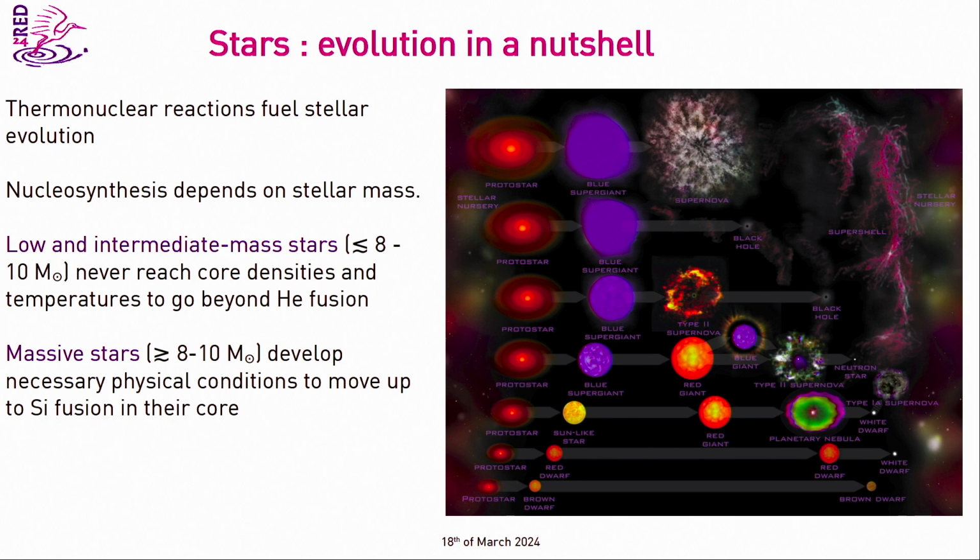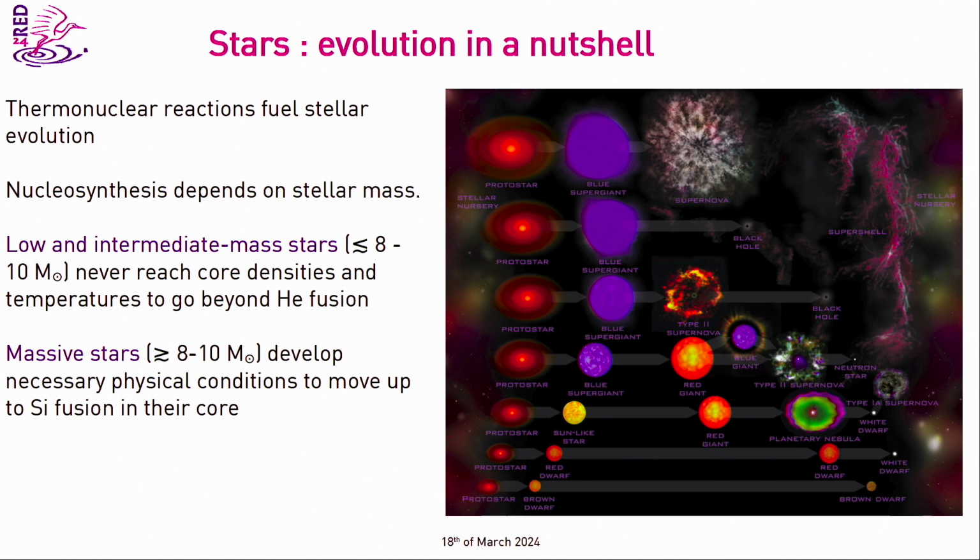So you have a protostar. All these are the protostars, so stars embedded within a shell of gas and dust. Then the star becomes a real star, a main sequence star like the sun. Then it runs out of hydrogen in the core. It becomes a red giant, so the core contracts but the envelope expands. It's called the mirror effect, so it becomes big.